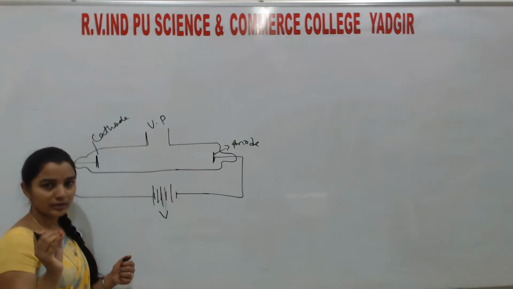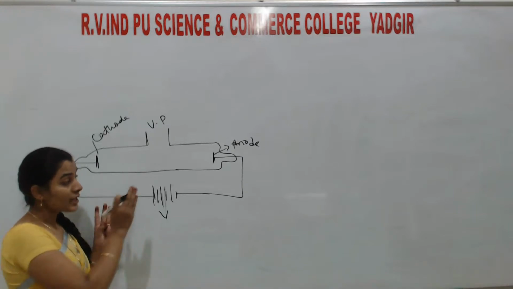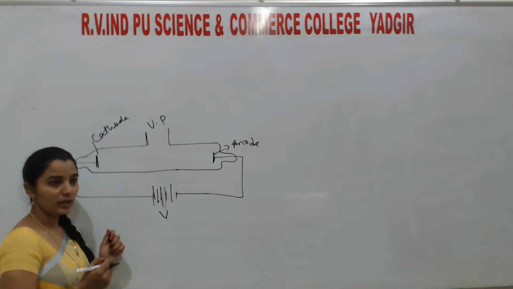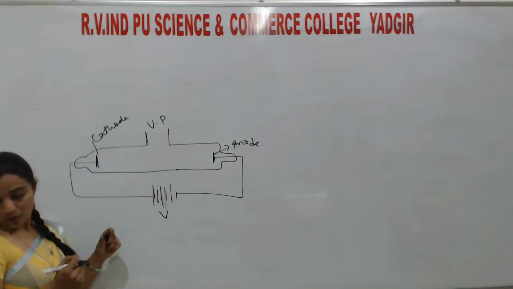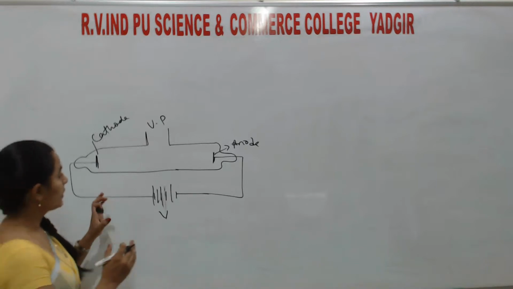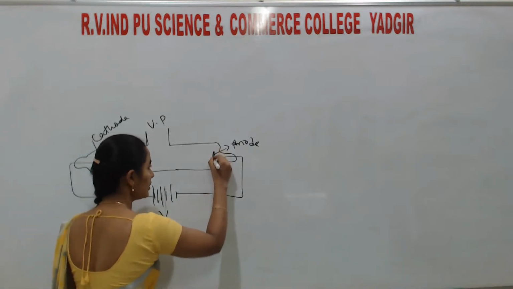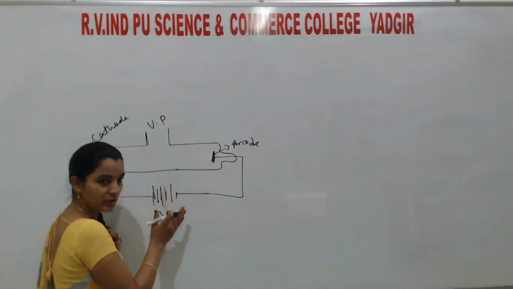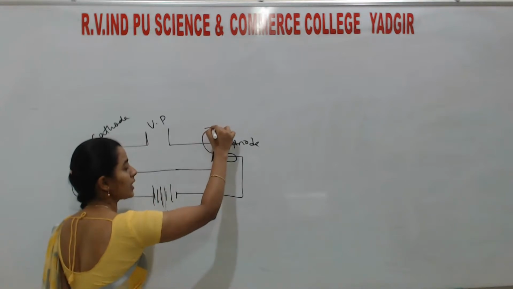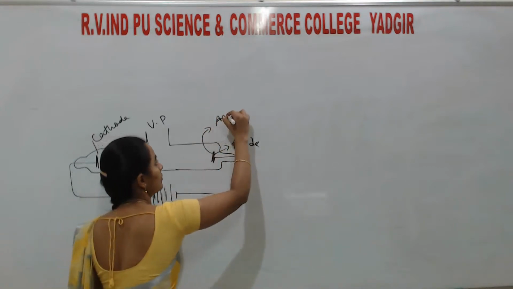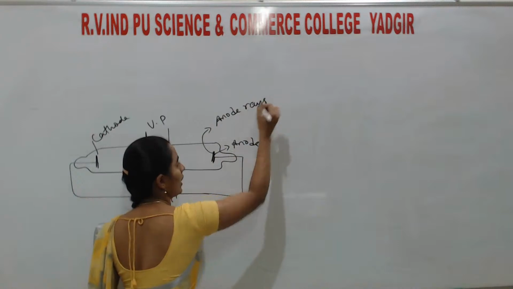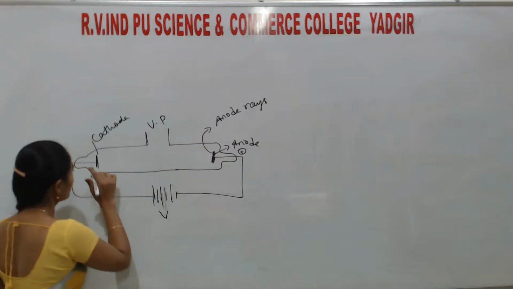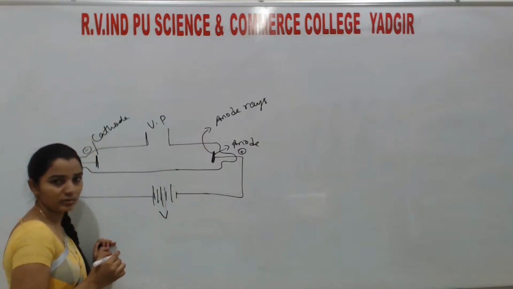I told you in the last class in the discovery of the electron. The same experiment is just altered. So what is that experiment? Here, instead of considering the cathode rays, by arranging the conditions we have to consider the anode rays. Anode has which charge? Positive charge only. Cathode is negative charge.